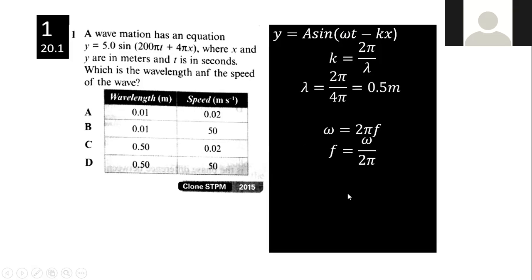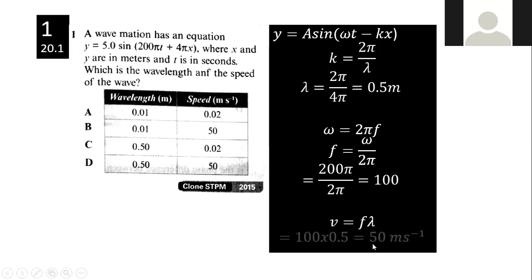You have to find your frequency first because then you can find the speed. So take the 2 pi down, put in your value. Omega is 200 pi divided by 2 pi, so it's 100. So speed is v equals f times lambda. So the answer is 50. Wavelength is 0.5, so correct, donkey.